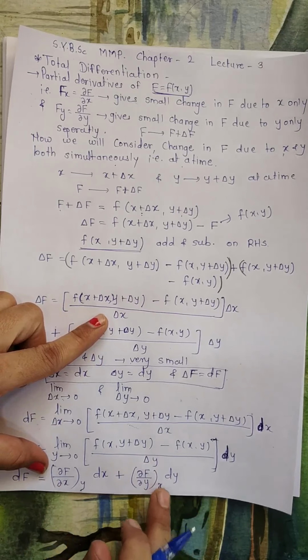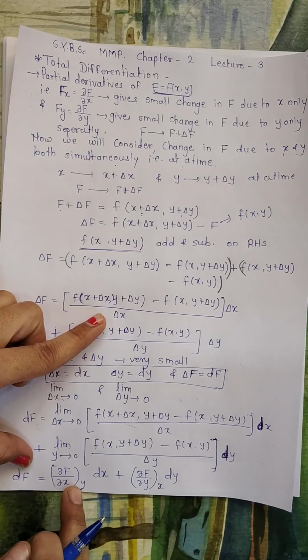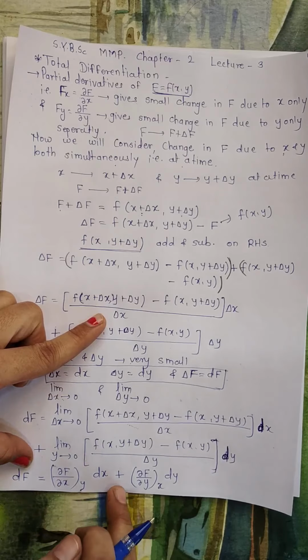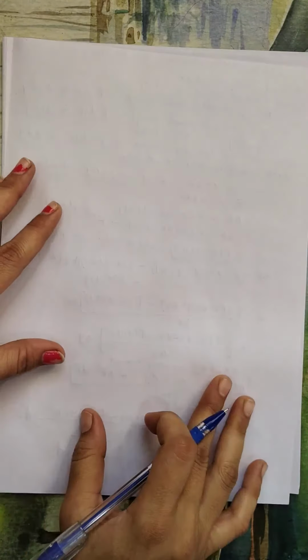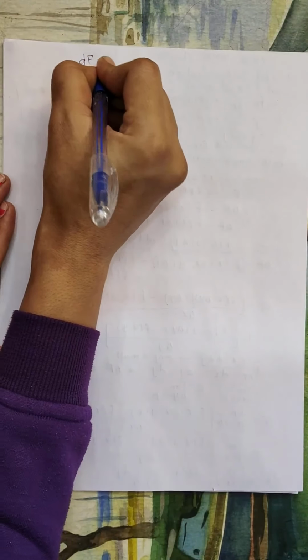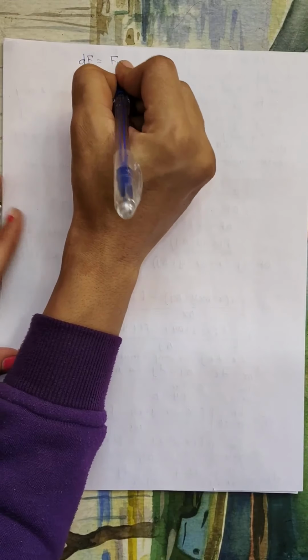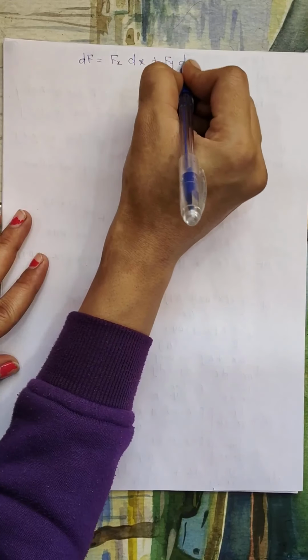So let me write on the next page: df equals fx dx plus fy dy.